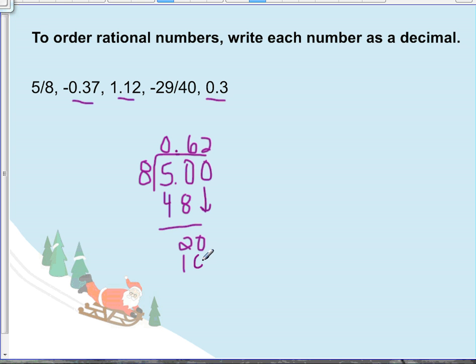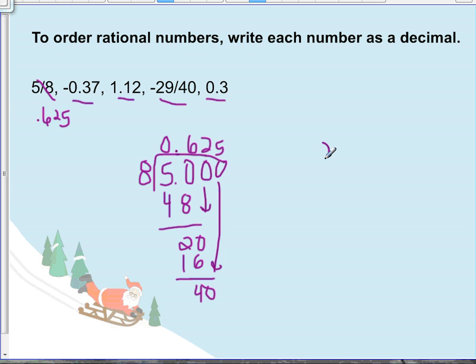16. 20 minus 16 is 4. Add another 0. Bring it down. 8 goes into 40 5 times, and that's the end. So we can actually replace 5/8 with 0.625. All right, and then we can do the exact same thing with this.